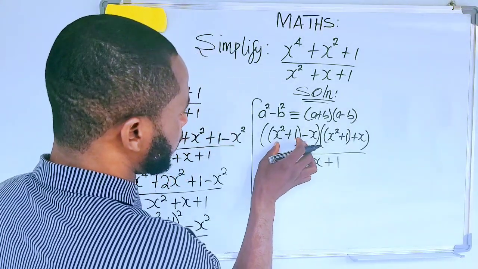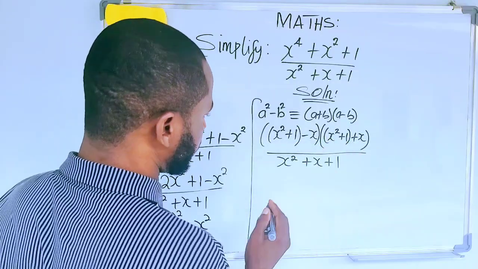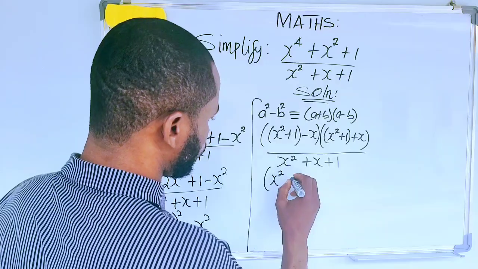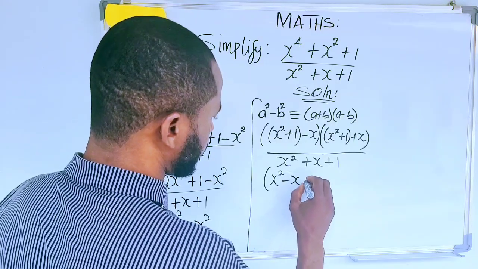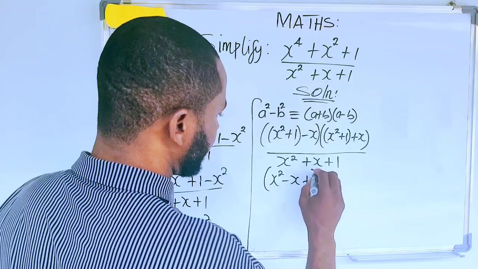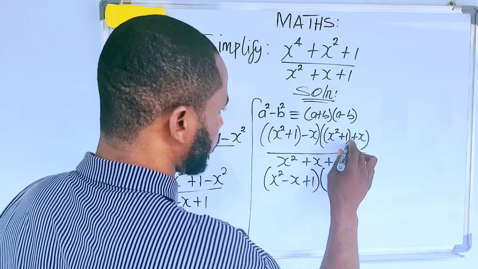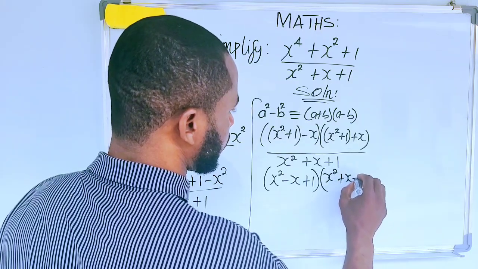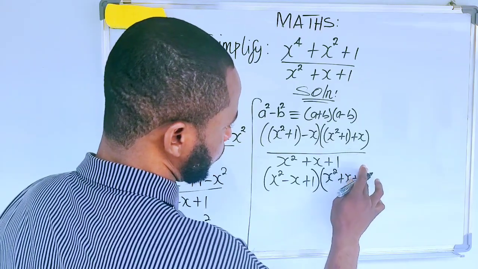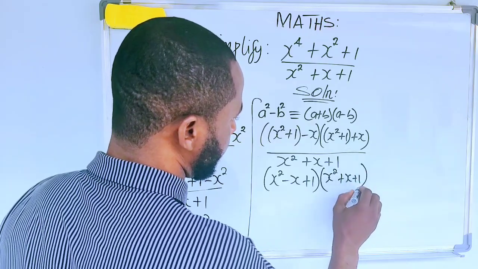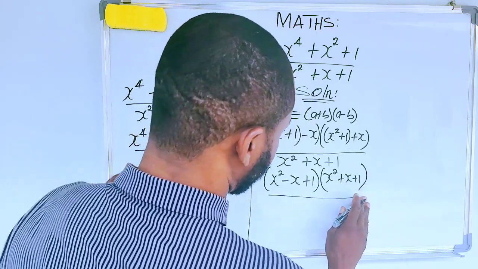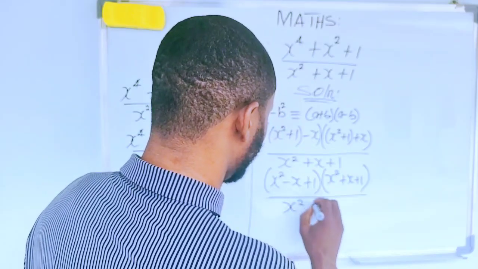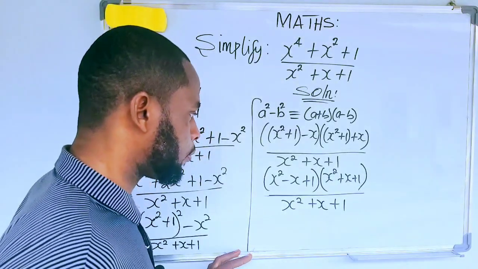If you expand and simplify this, we are going to have x to the power of 2 minus x plus 1, then into here we have x to the power of 2 plus x plus 1, divided by x to the power of 2 plus x plus 1.